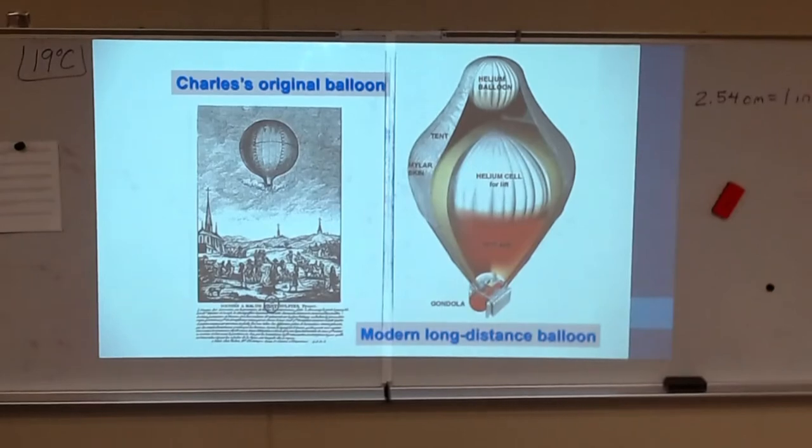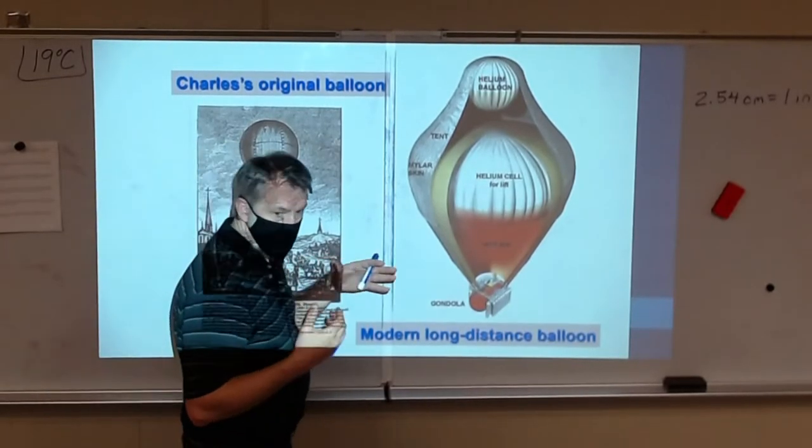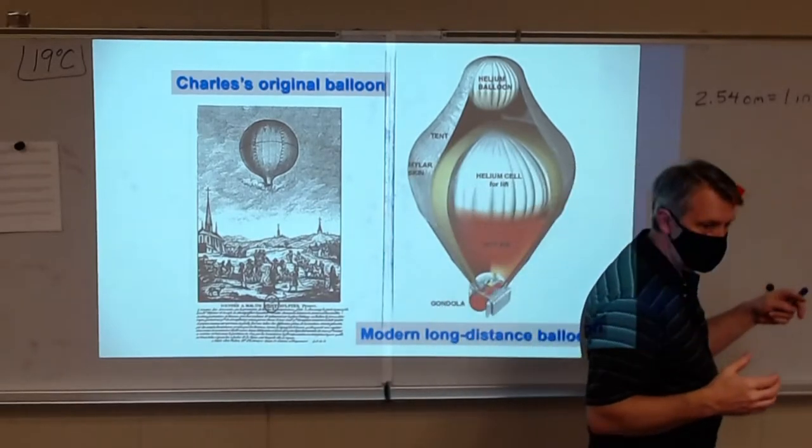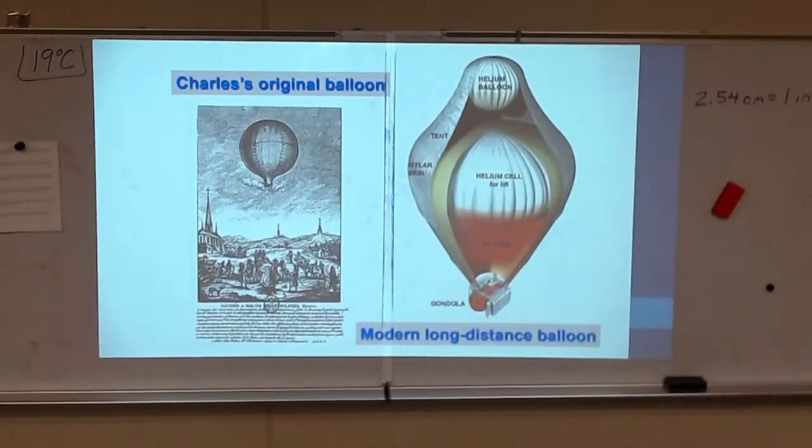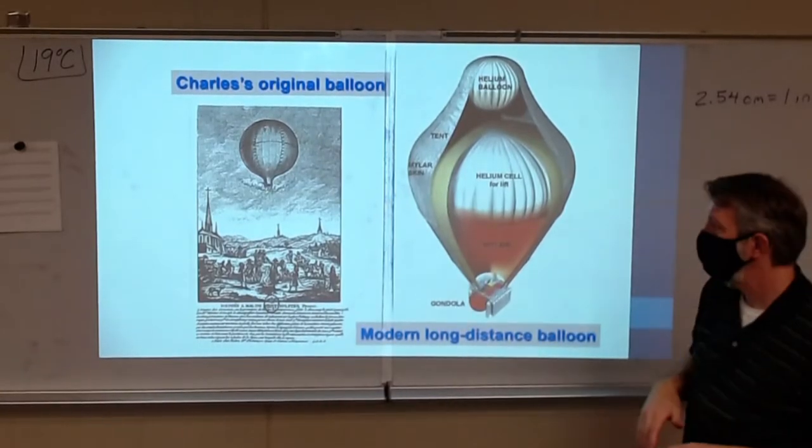Because it expands, the same mass of air has a larger volume. Because it has a larger volume, what happens to its density? It becomes less dense. And that means the colder, more dense air that's around it falls down and lifts it up. So that balloon rises.